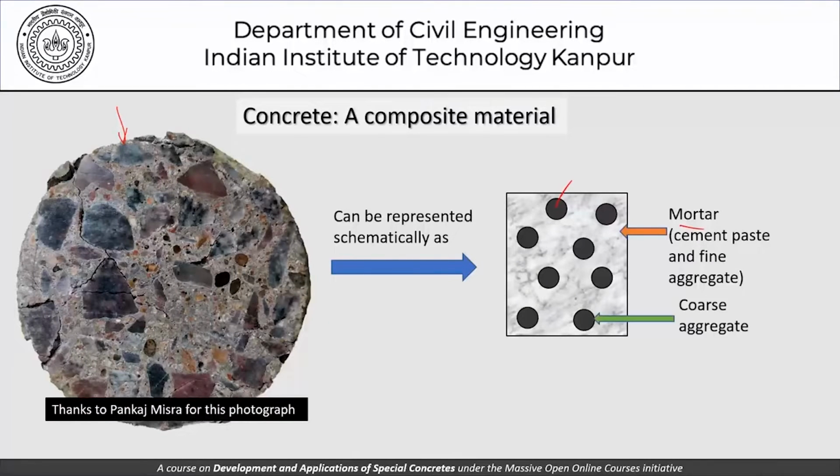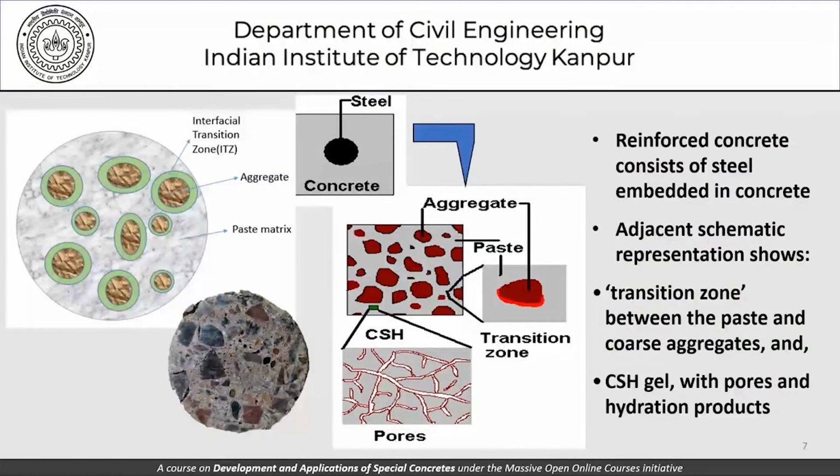Of course, this is a schematic representation and a gross simplification. These distances and so on, don't bother about them. We've taken the aggregates to be spherical, don't bother about that either. The point is that we want to do this discussion for a specific reason.